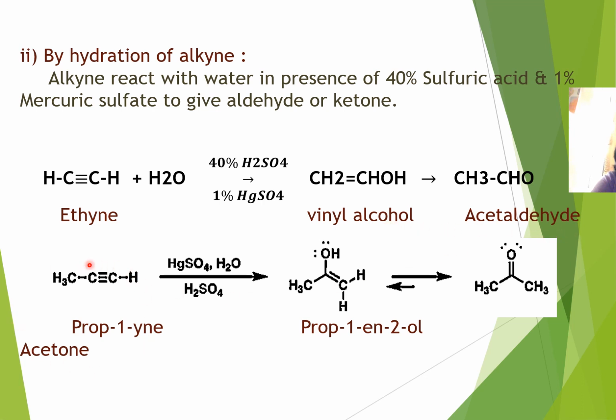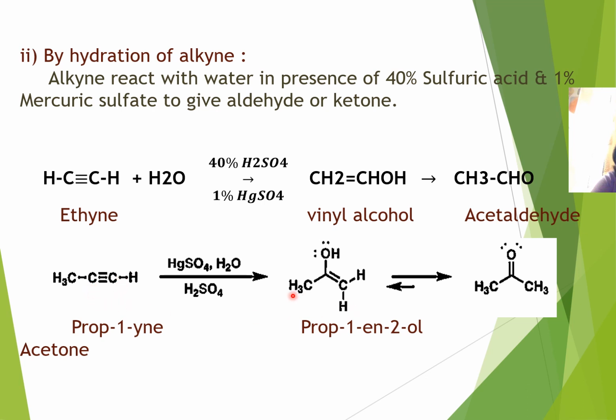Then if propyne is reacted with water in the presence of sulfuric acid and mercuric sulfate, first water gets added here. So OH is added to the carbon containing CH3 and H is added on the other side.